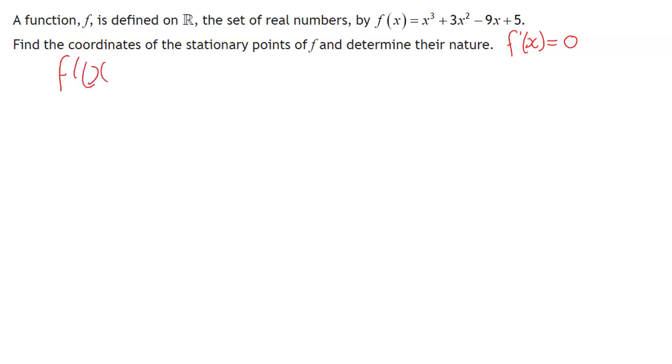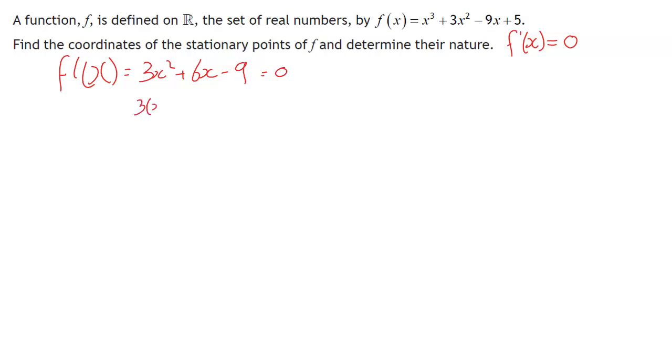First thing I want to do is calculate f dashed of x. So if I take the function, remember for derivatives, bring the power down, reduce the power by 1. What I'll end up getting is 3x squared plus 6x minus 9. And what I'll do is I'll set it equal to 0. Then we solve it. It's a quadratic. To solve a quadratic, we factorise.